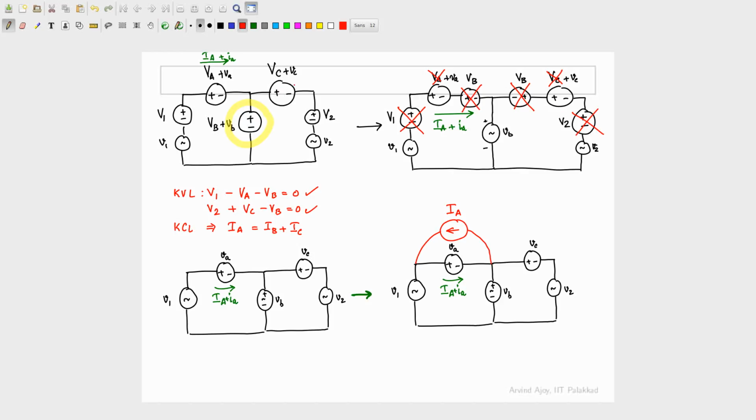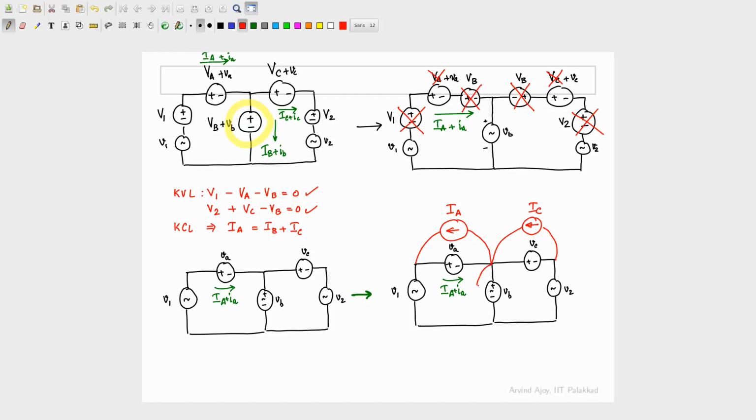This question also we have done many times earlier, in the first course. If I were to take a current source in this direction and call this current I capital A, that means I am pulling out IA from this node. Here, how is your IB flowing?